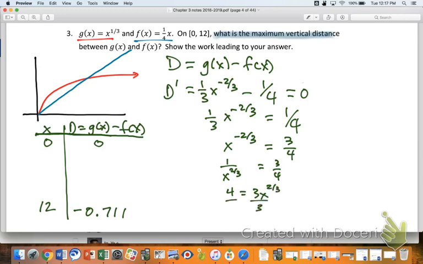And then you divide by 3. At this point, you're probably thinking, I feel like I'm showing a lot of steps here, and you are, but it works. And then maybe at this point, you would interpret what x to the 2/3 really means. It means the cube root of x squared, or the cube root of x quantity squared.